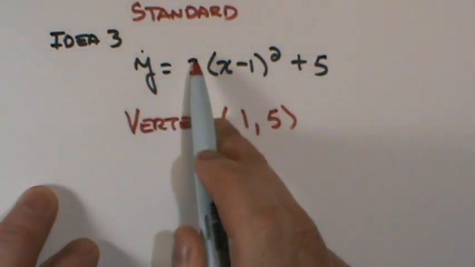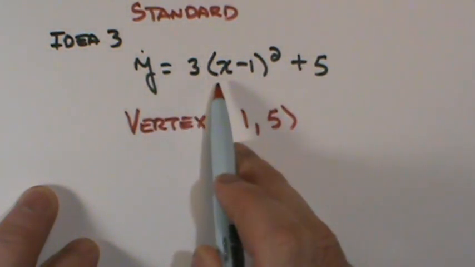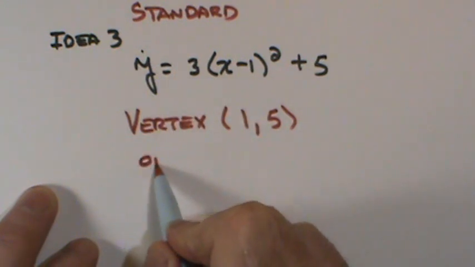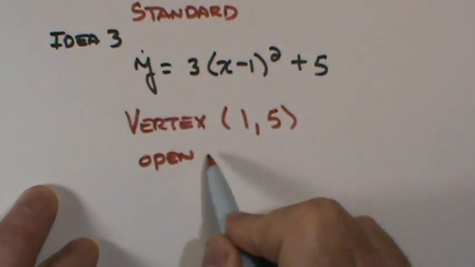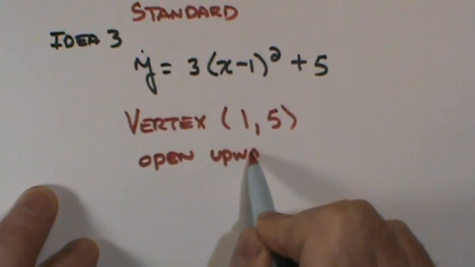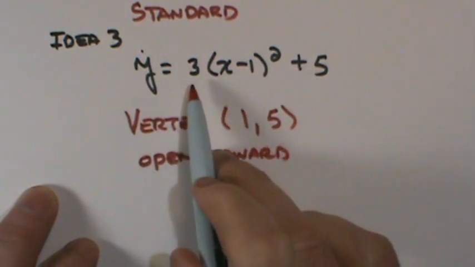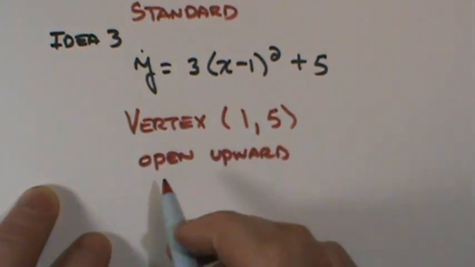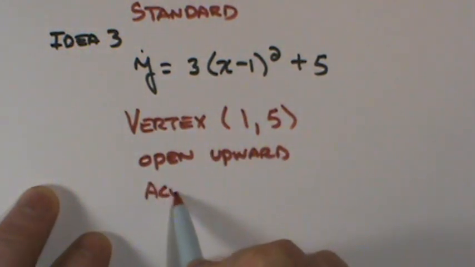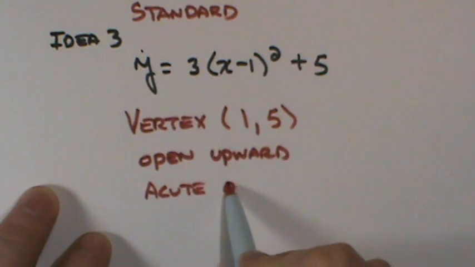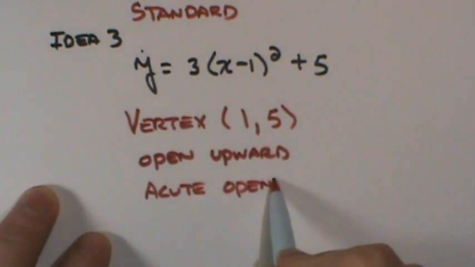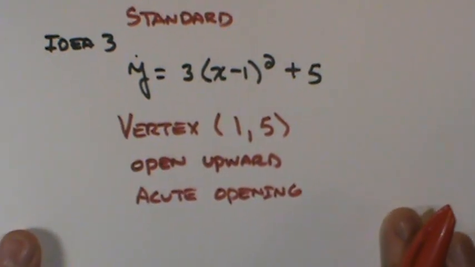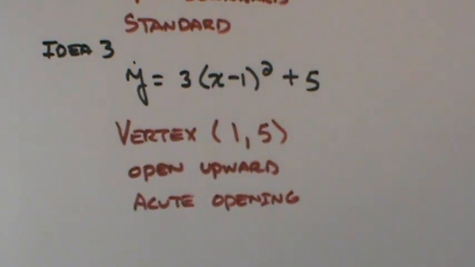I look at this leading value, this multiplier here. Because it is positive, the parabola would open upward. And because that value is bigger than 1, it would be an acute opening. It has a vertical stretch, so we'll call that an acute opening. And that basically just gives us an overview of what we're going to be working with today.